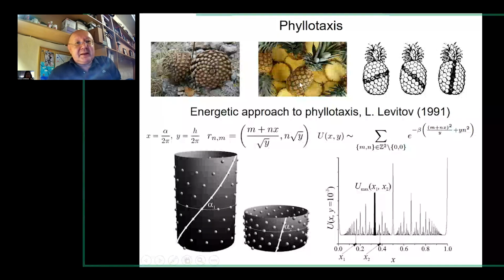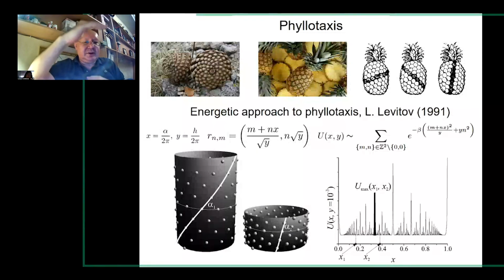And there was a proposition by Levitov, a very nice construction, who showed that there is a sort of energetic approach to phyllotaxis, and his model was like that. He took a finite cylinder and distributed points on it which are repulsive. Since the cylinder is finite, they form a lattice.